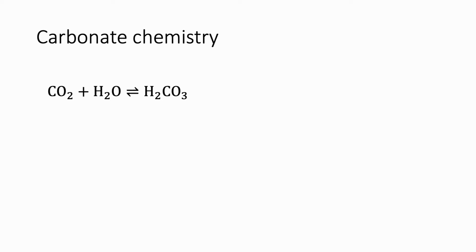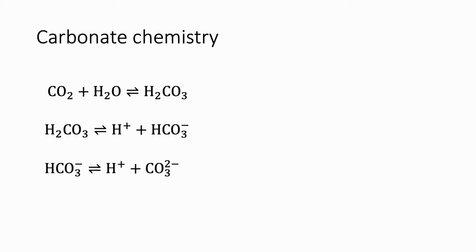Carbonic acid is a weak acid, and so it can dissociate a proton to form H+ and the bicarbonate ion, HCO3-. But that HCO3- ion still has an H on it that can dissociate, and so that dissociates into H+ and the carbonate ion, CO3 2-. We'll come back to this in a little bit.